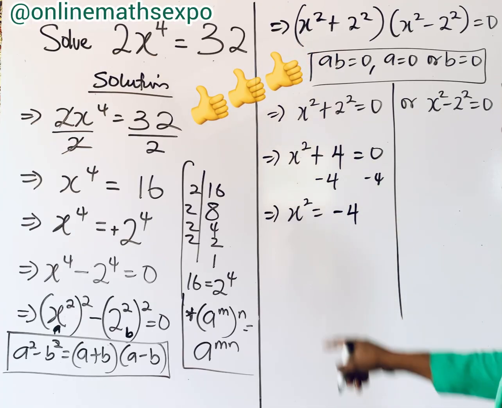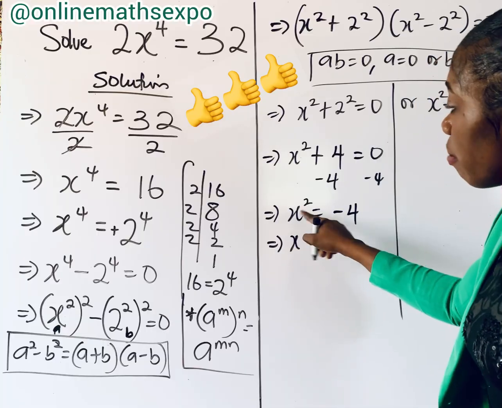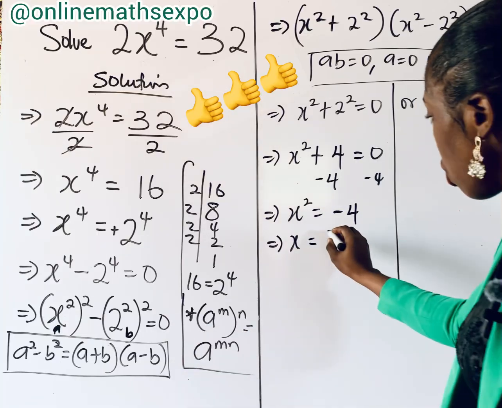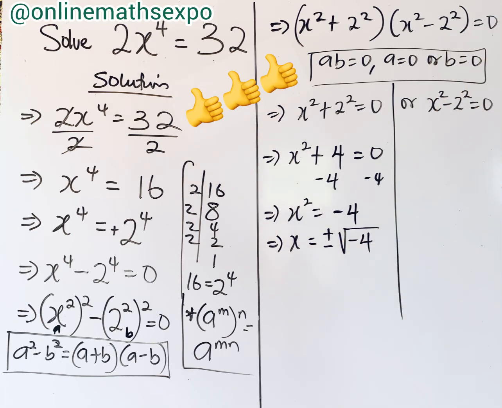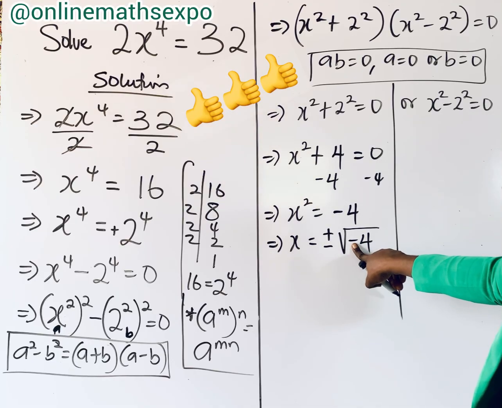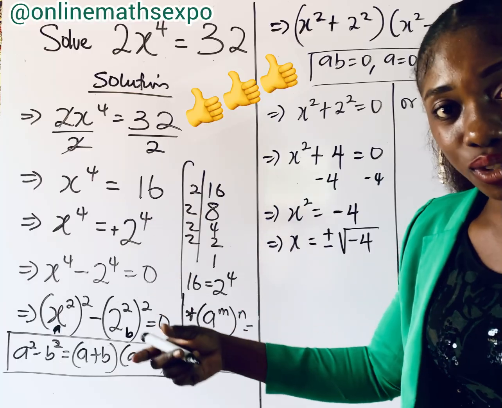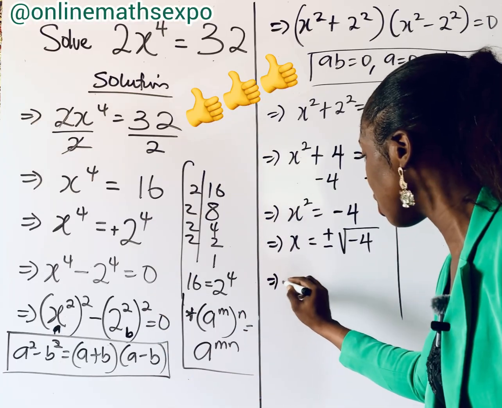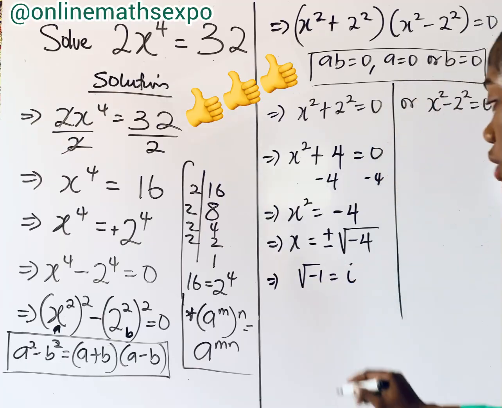Did you see? Then to remove this square now, you are going to take the square root. And remember, each time you are taking a square root, you do it for the positive and negative. Did you see what you have now? There is a negative sign in the square root. Observe it. Because of this negative sign, it is leading you to an imaginary unit, which says that each time you have the square root of -1, it is equal to i.